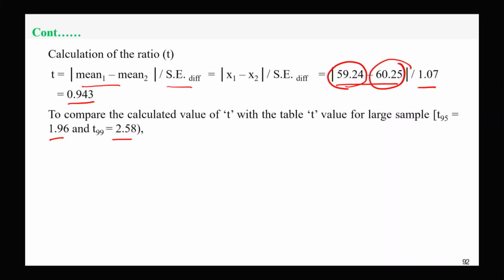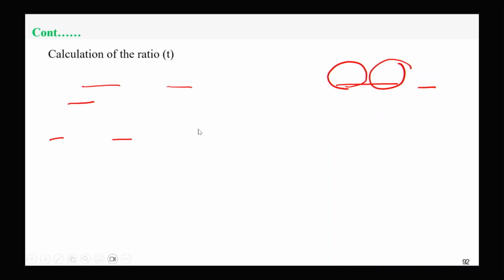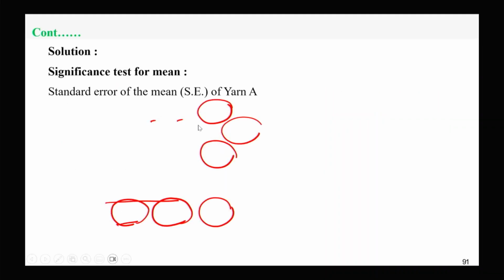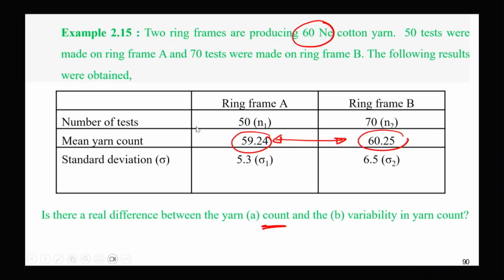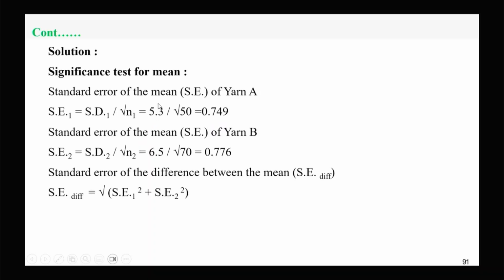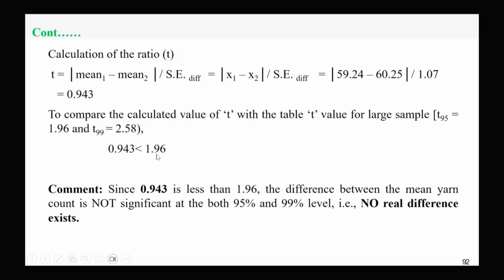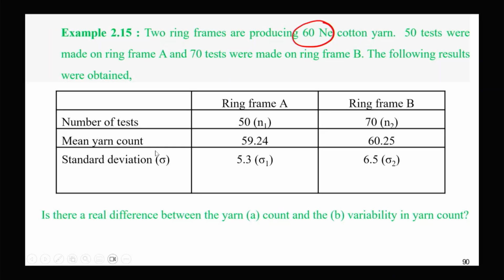We are safe because there is no significant difference between these two samples. Now there may be a situation, I will just try to reframe this question a little bit.